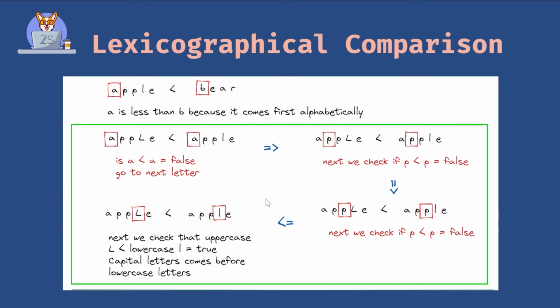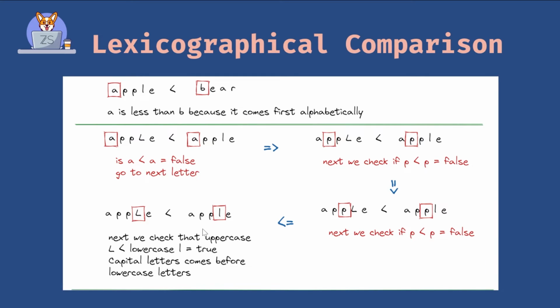So we will compare letter by letter from left to right. We can see here that the first three letters are the same, but the fourth is not the same. Uppercase L is less than lowercase l.